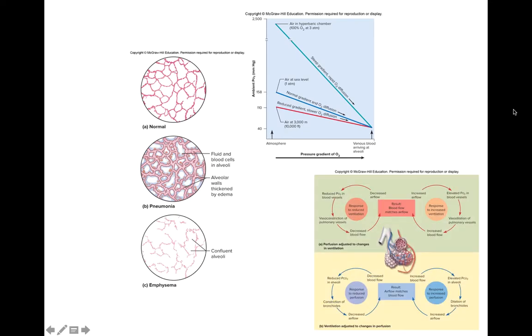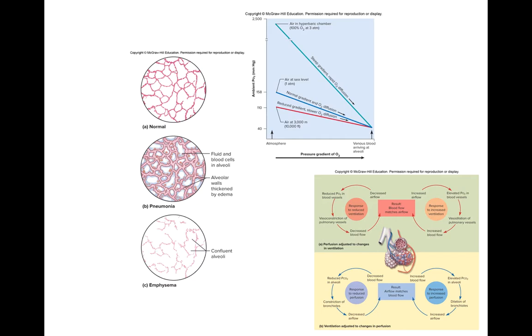The last thing is the concept of ventilation-perfusion coupling. What this means is that you need to make sure that the amount of blood and the amount of air match. For example, here we're looking at what would happen if we have a decreased airflow. Decreased airflow means I need to decrease the amount of blood going to this area so that the ventilation and the perfusion match up.